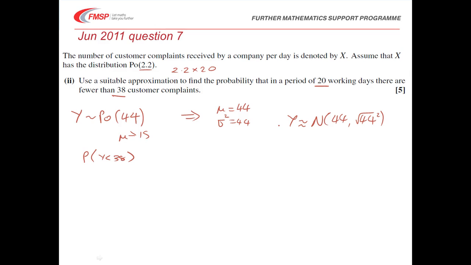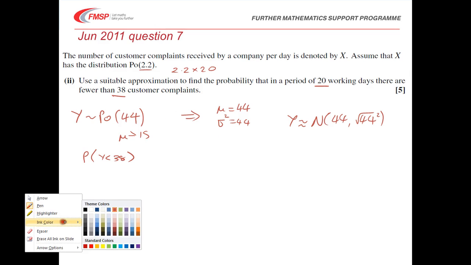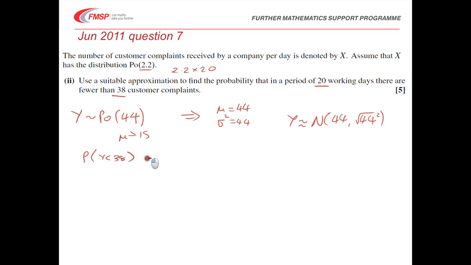So again, what we need to be able to do here is approximate it correctly. So let me change the ink color again so you can see the approximation. So what we're going to do again is this idea of a continuity correction, because we're going from a discrete to a continuous. So in this particular case, y is strictly less than 38.